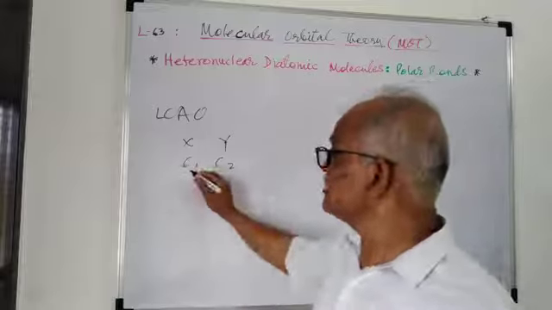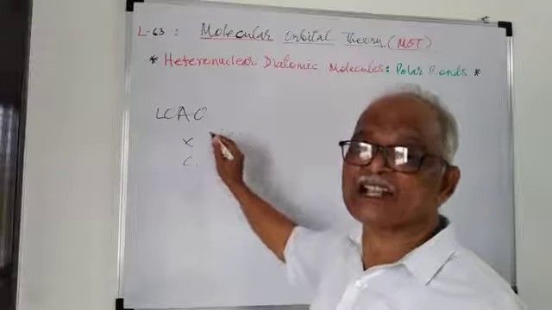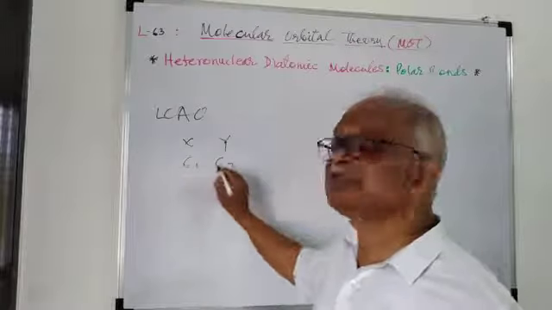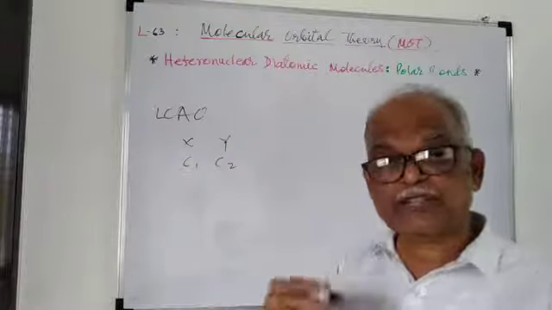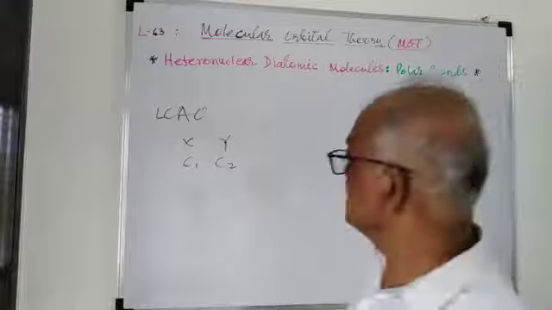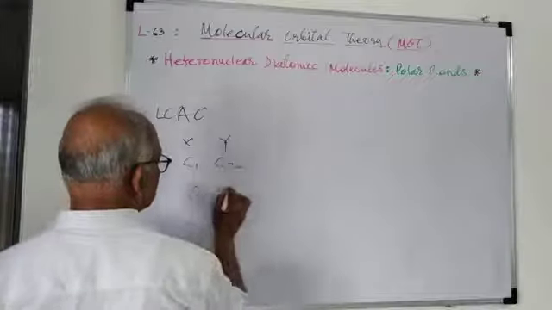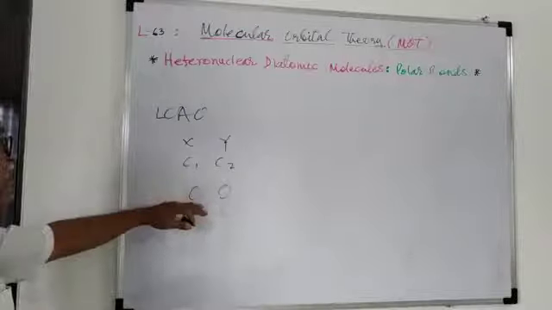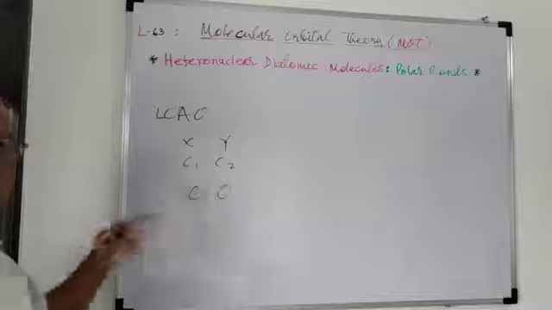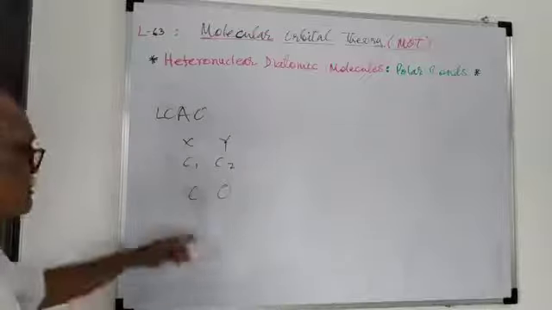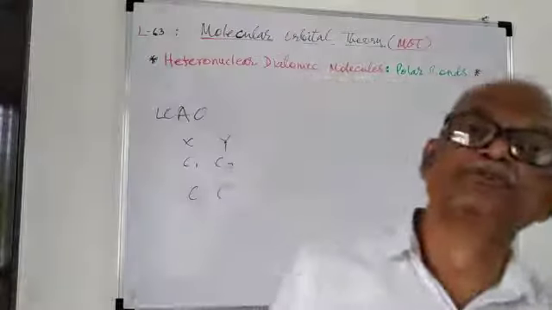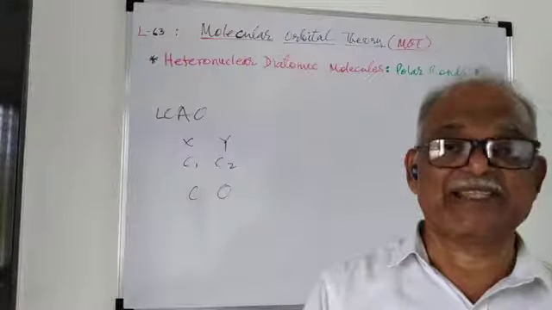In case of homonuclear diatomic molecules, the atoms are of the same element, therefore the contribution is the same, meaning C1 is equal to C2. But in case of heteronuclear diatomic molecules, like carbon monoxide, the carbon has less contribution to the bonding molecular orbitals, and oxygen shows more contribution to the bonding molecular orbitals.